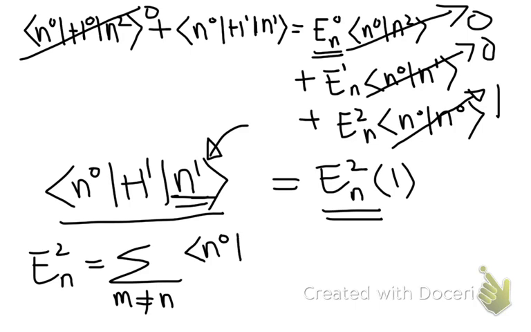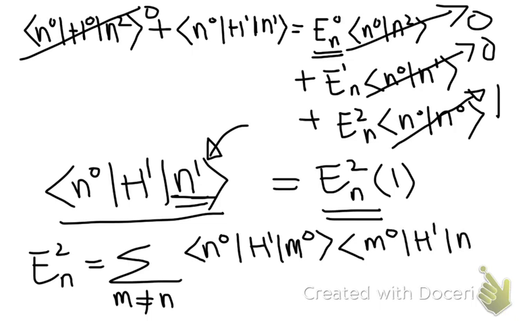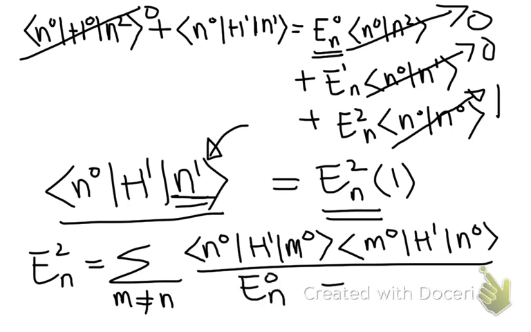N0 H1 M0, and again M0 H1 N0, all of this over E_N0 minus E_M0.